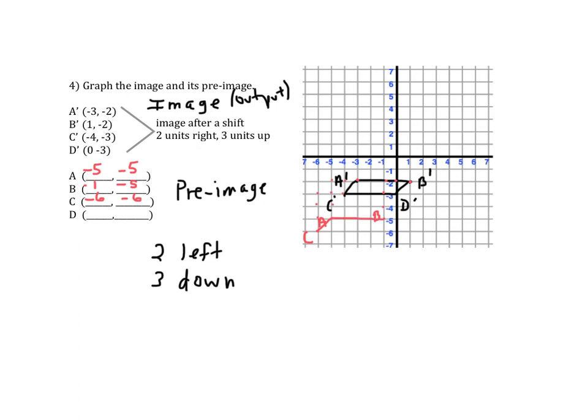Finally, our last point, we're starting at D prime. And again, we're reversing the rule that we were given. So we want to go 2 units to the left, 1, 2, 3 units down, 1, 2, 3. So point D has coordinates -2, -6. So connect the dots to finish off your quadrilateral.